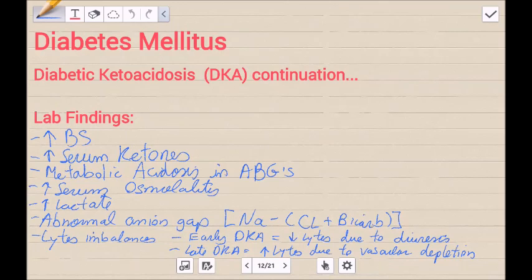Once we start to replenish the patient with fluids, electrolytes might come down more and more, even though we're replenishing those electrolytes, like potassium, magnesium, phosphate, and calcium. Because as the patient is rehydrated, the vasculature volume is replenished, and the amount of electrolytes proportional to the fluids becomes less.